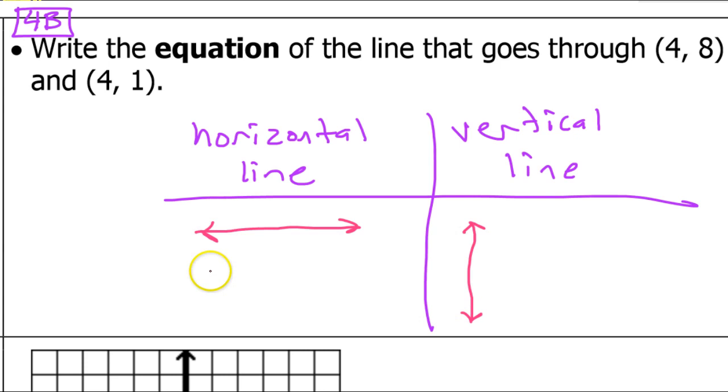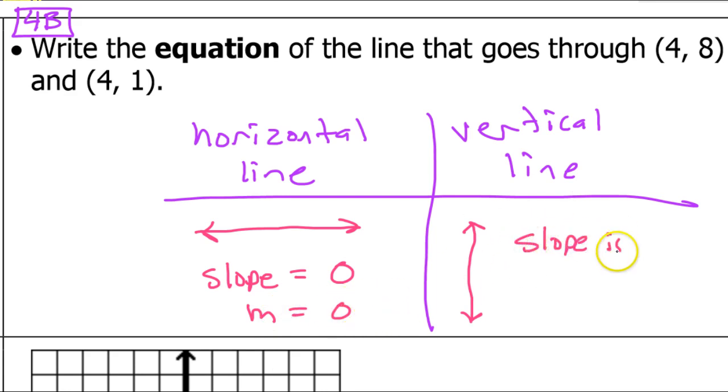For a horizontal line, the slope is 0. m is 0. For a vertical line, the slope is undefined.